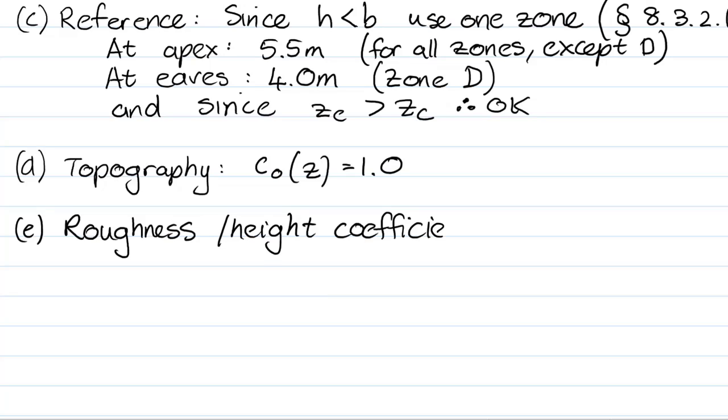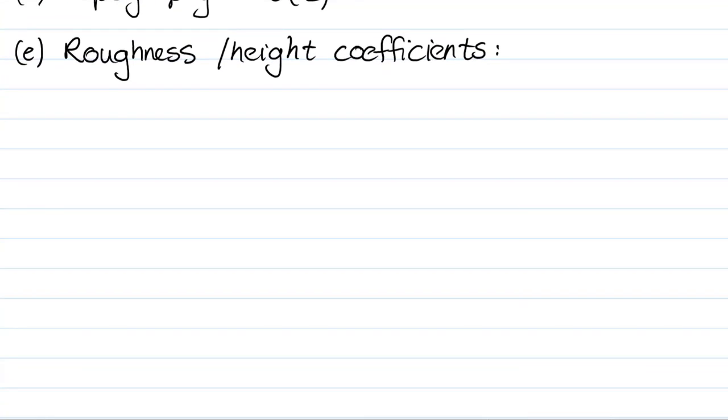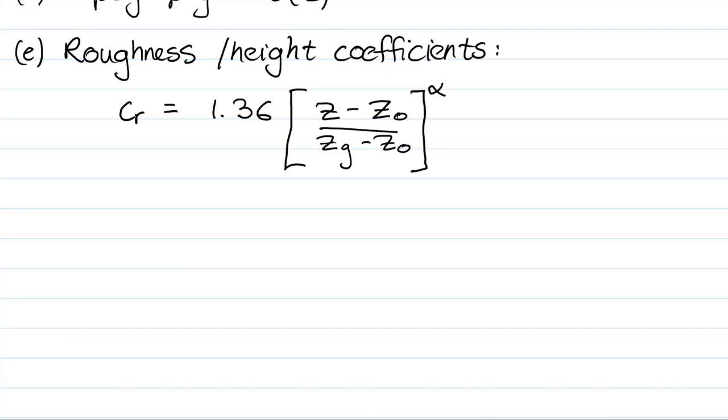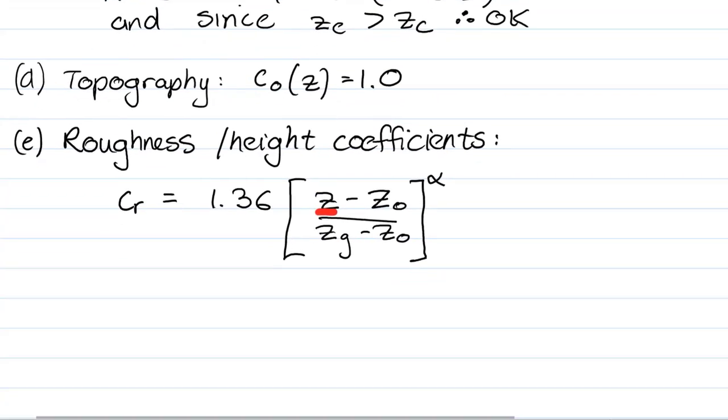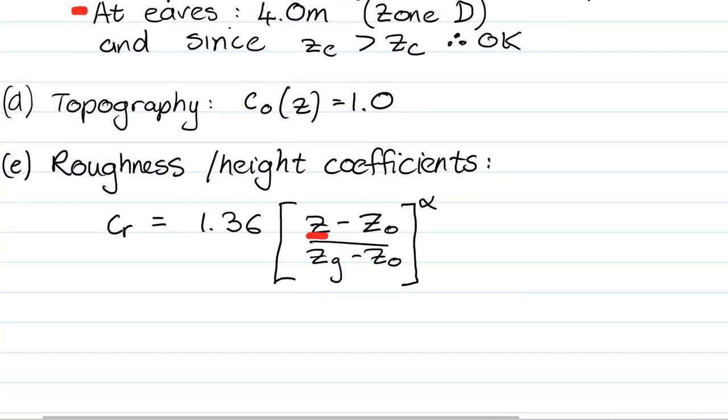Now this adjusts the wind speed based upon the roughness. So this factor is calculated as follows. Now the Z value here has been determined above. This is the height at the apex or at the eaves. So we're going to use those values and then calculate a roughness at those different heights.